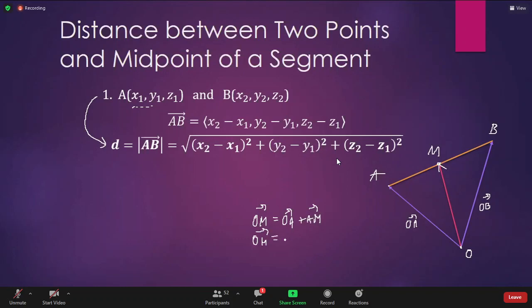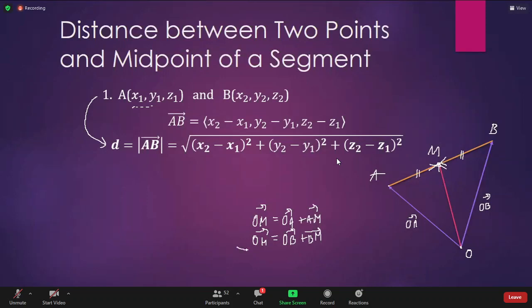So perhaps we could go from O to M differently. Let's go through point B. We can go OB plus BM. Again, BM is not something very good. But on the other hand, remember that M is the midpoint, which means vectors AM and BM are opposite vectors because they have the same magnitude, half of AB, but opposite directions.